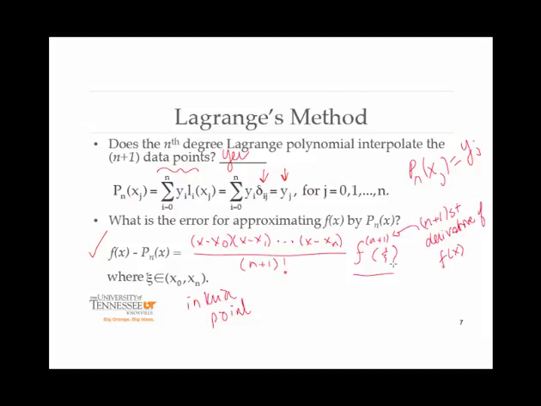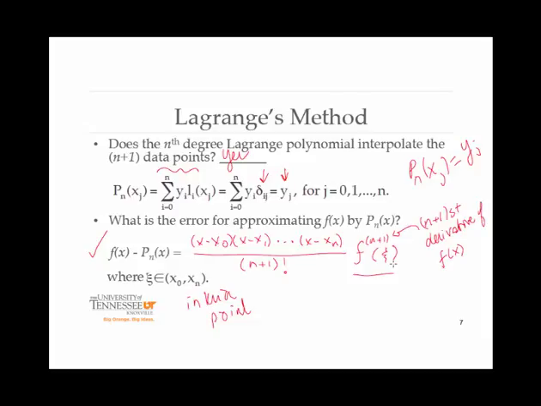The problem is that these kinds of polynomials are going to oscillate a lot and can generate a lot of errors in between the data. It will fit the data, yes, but the oscillations that occur because of these multiplicative factors are going to perhaps be problematic.